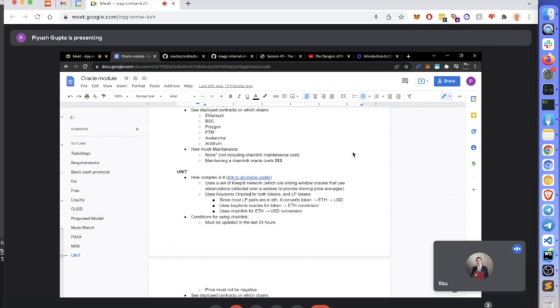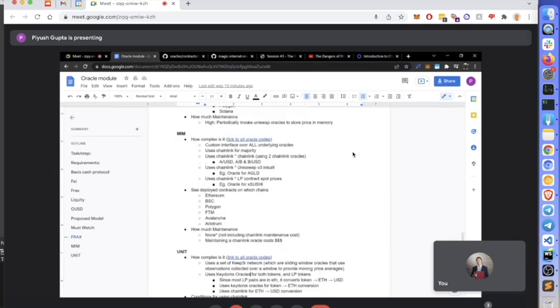And design-wise, like interface-wise, what would you pick? Which oracles, from cleanness of code, looked the best out of the source code you checked? So we definitely need something like a common interface.